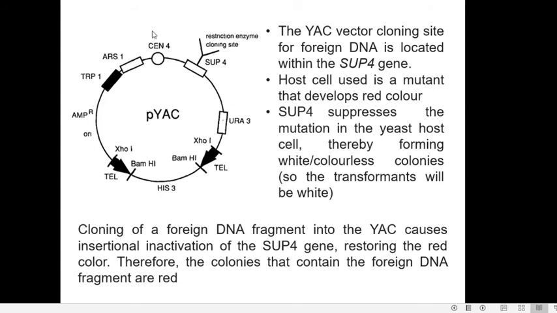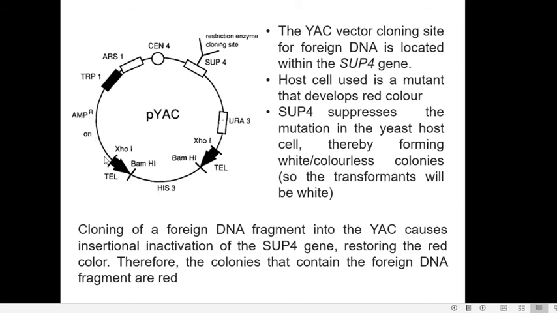In this experiment, you are using a mutant host cell which is already an auxotroph lacking the ability to synthesize tryptophan, and is a mutant in another aspect also: it develops red color on growth. So when you grow that host cell, it usually grows red in color.